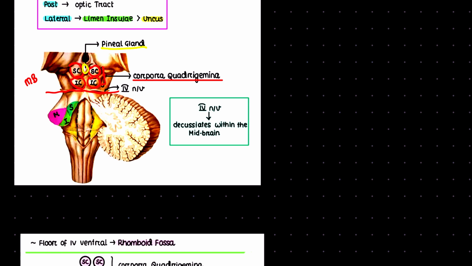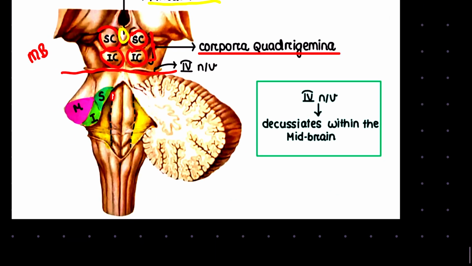Here you can see a dotted line. What is this dotted line? These are our sulcus limitans. We studied the sulcus limitans in the phase of development. At that time we said that the sulcus limitans is the structure that will divide our neural tube into the alar plate and the basal plate.